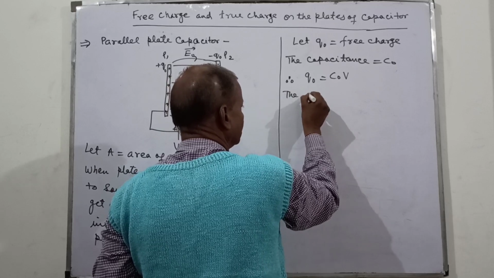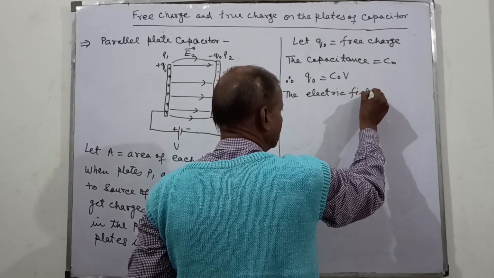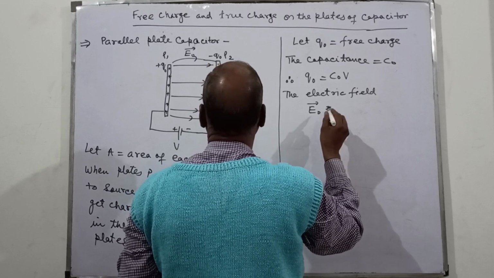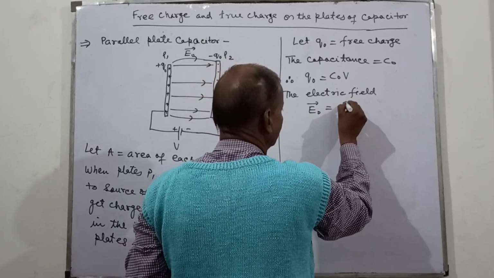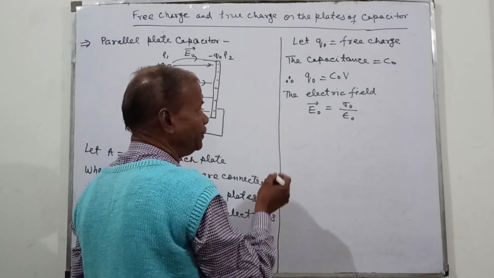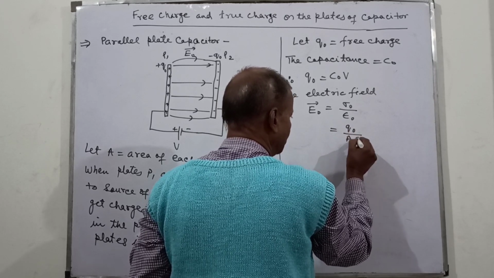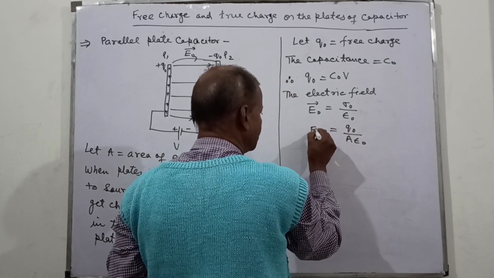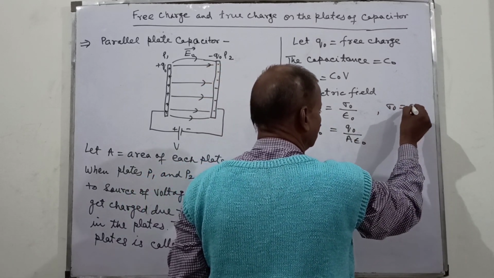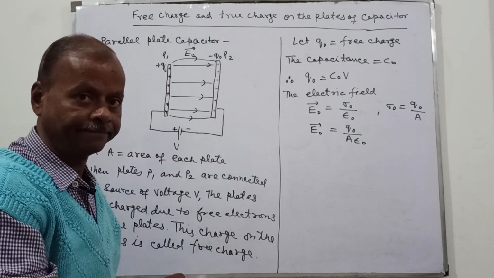The electric field E naught equal to sigma naught upon epsilon naught, where sigma naught is equal to Q naught upon A. This is the surface charge density. So E naught is Q naught upon A epsilon naught.